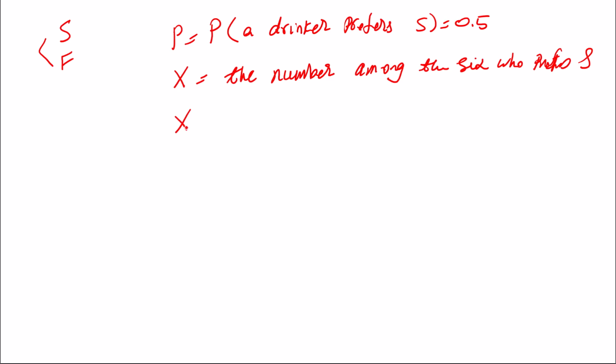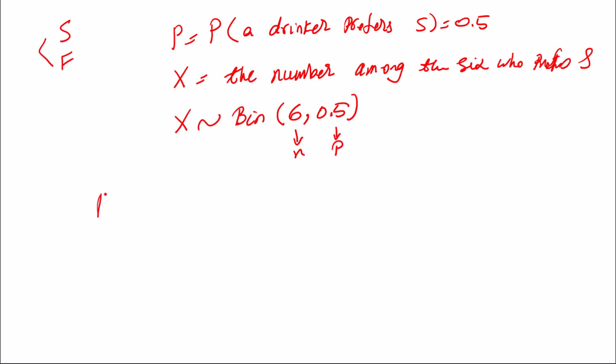So our random variable follows binomial of 6 and 0.5. Okay, binomial distribution where n is equal to 6 and p is equal to 0.5.